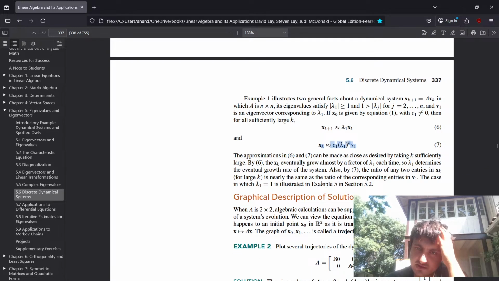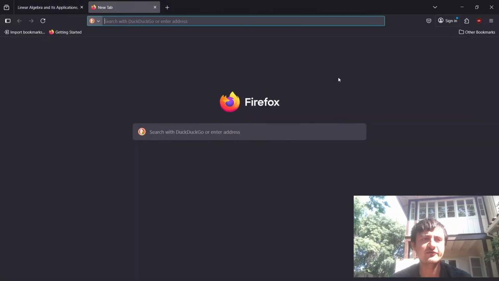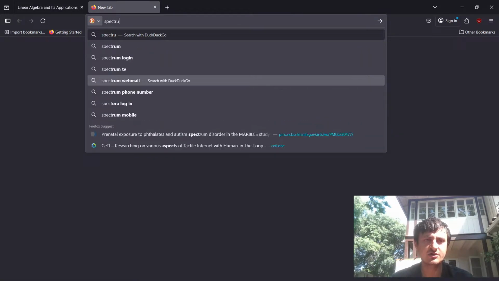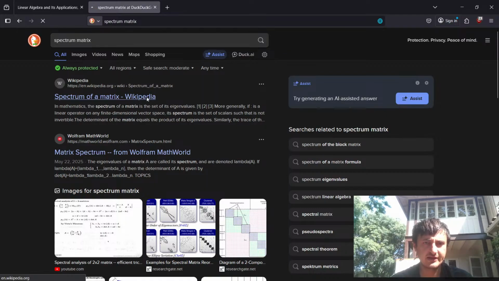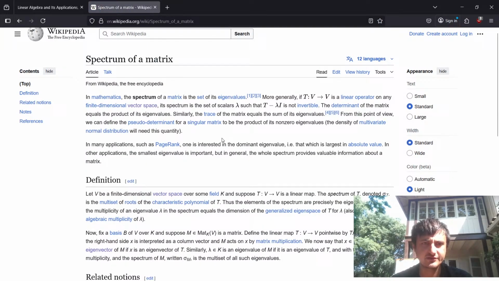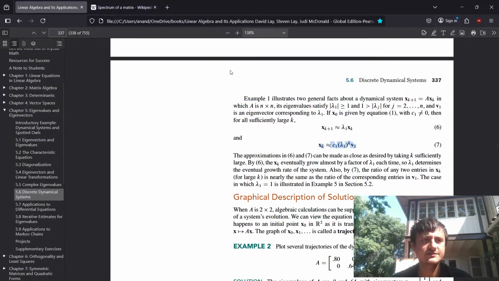Okay, but what if it's the eigenvalue? Do they call it the spectrum of a matrix? I think it's the distribution of eigenvalues, right? Yeah, the spectrum of a matrix is the set of its eigenvalues.